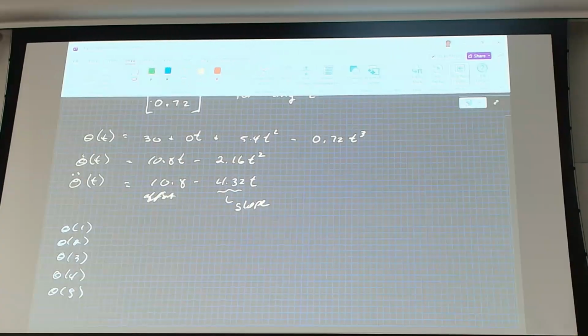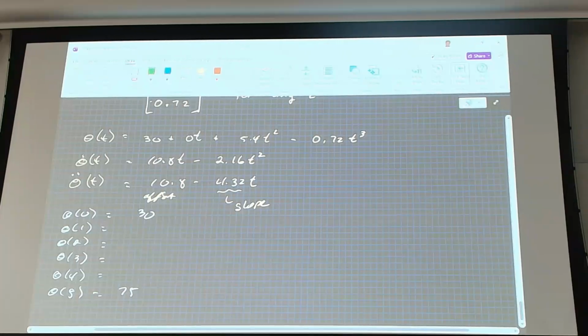Because 5 we already know, it's our final position. We said we're supposed to be 75, right? So we can just write that down here. Theta 0 was 30.